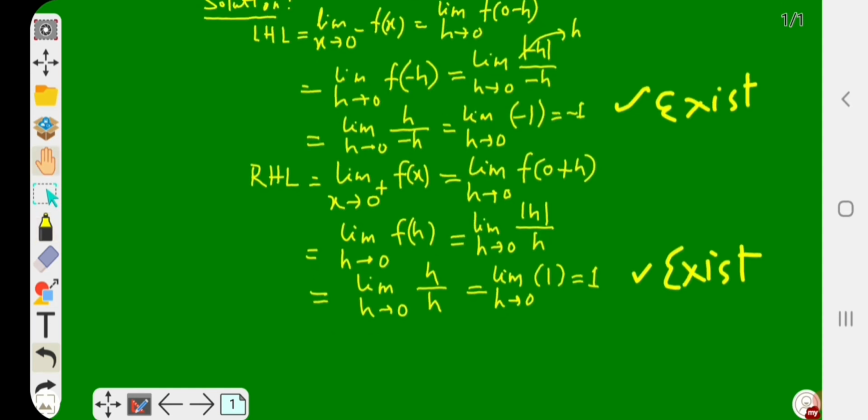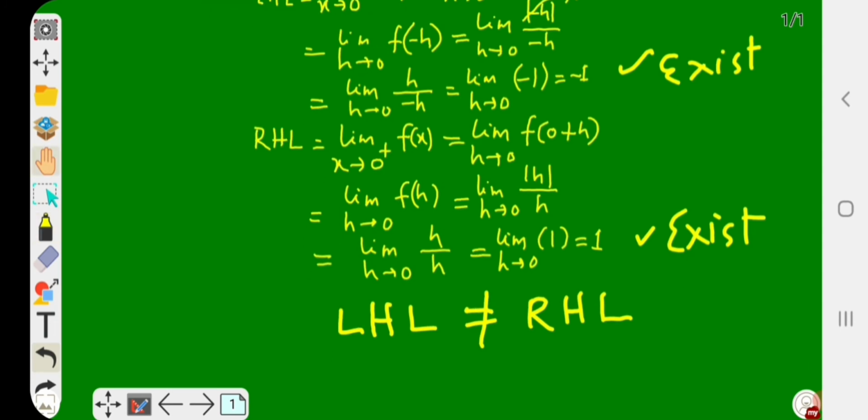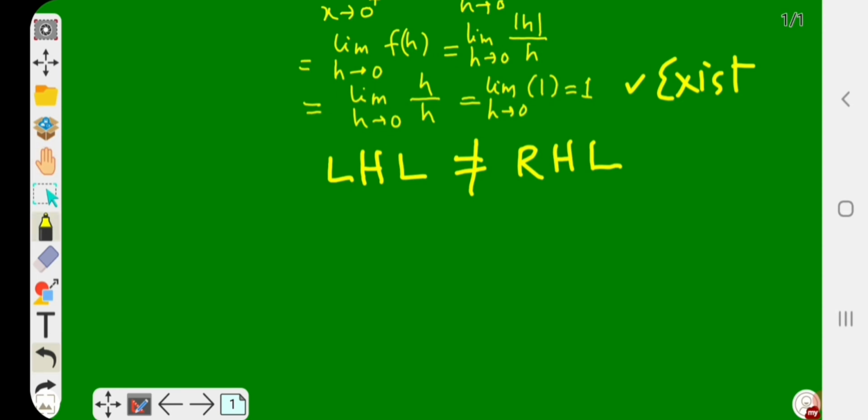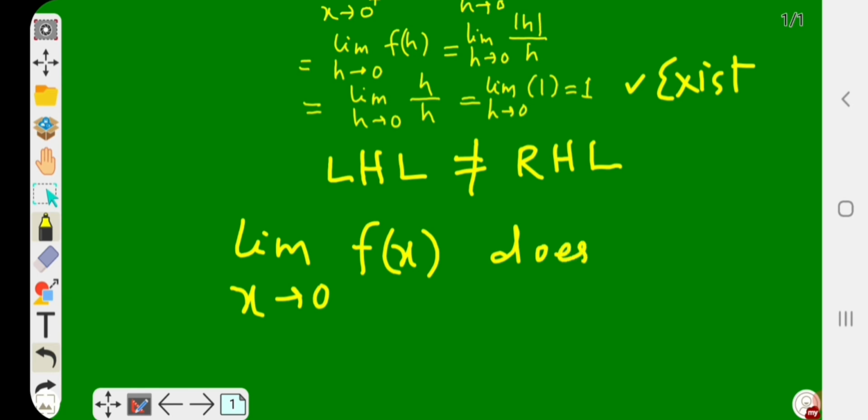So LHL is not equal to RHL. So the limit x tends to 0 of f of x does not exist.